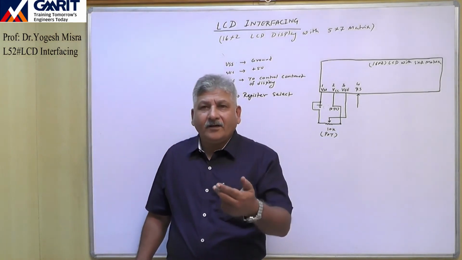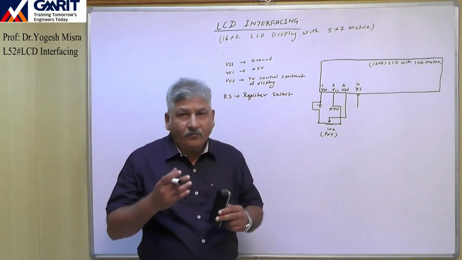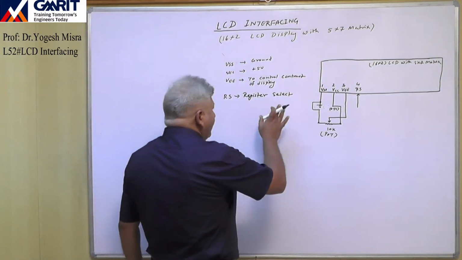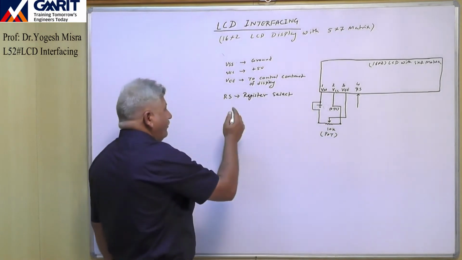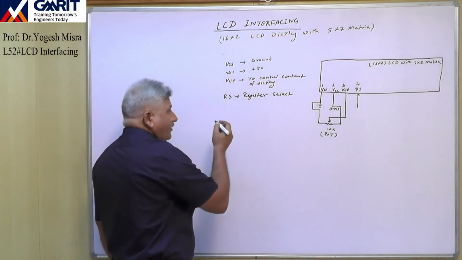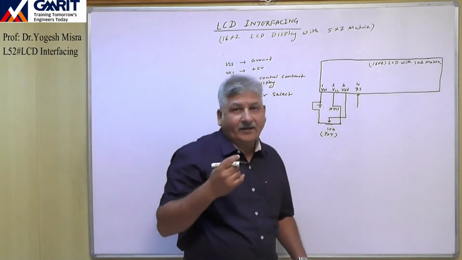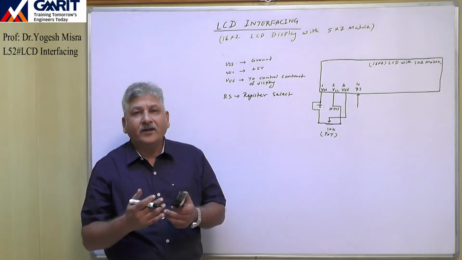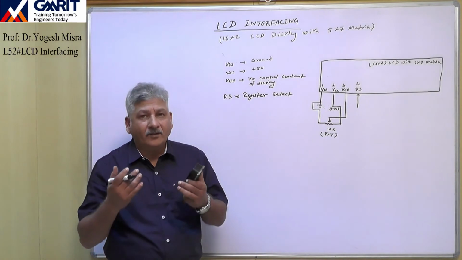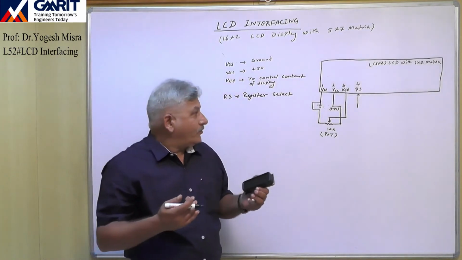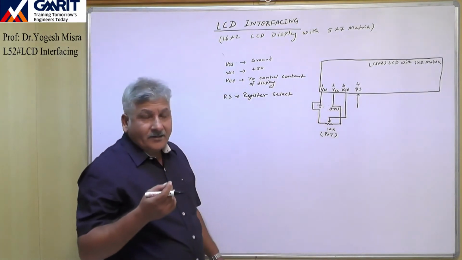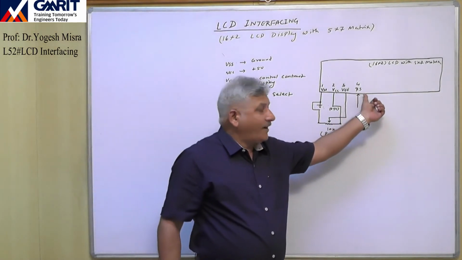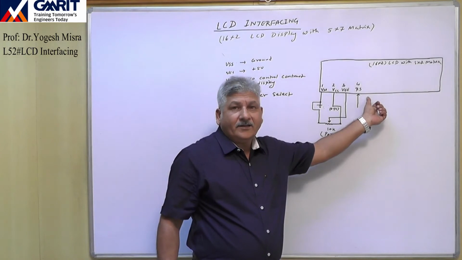All these are commands, so we have to load these commands in the command register. Inside this LCD module there are the command register and data register. The data register is used to store our data, exactly what we want to display. To select between the command register and data register, there is a pin RS known as register select.